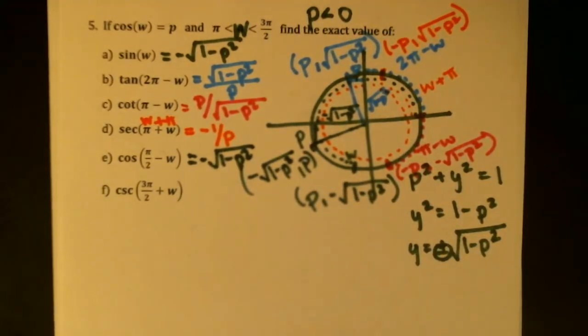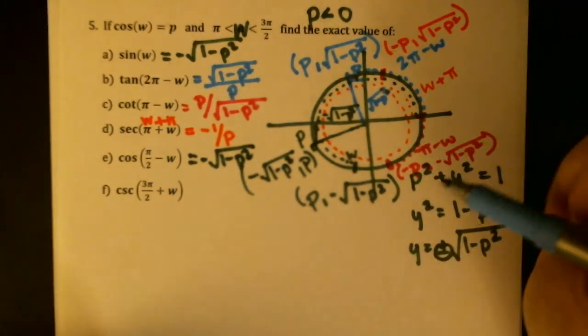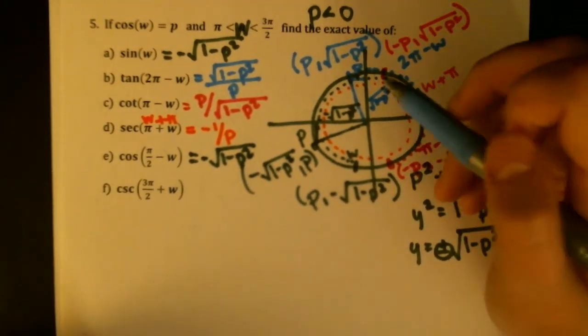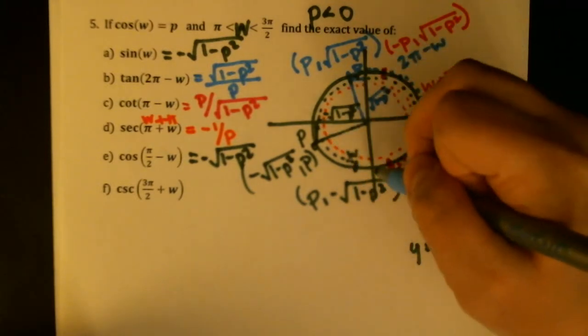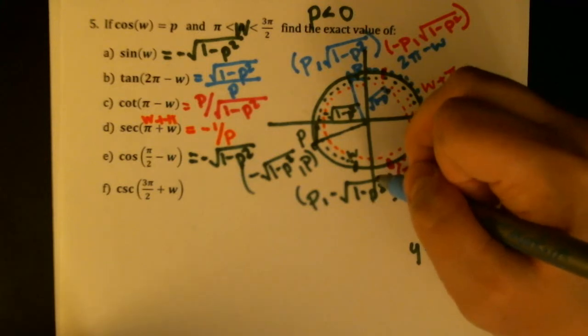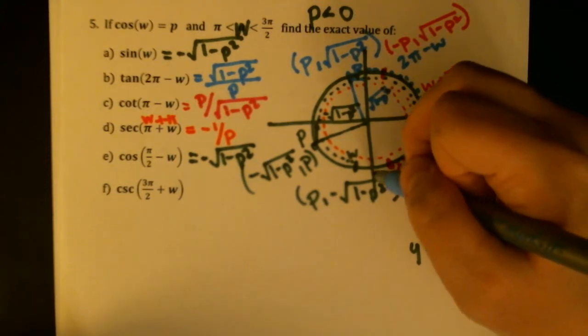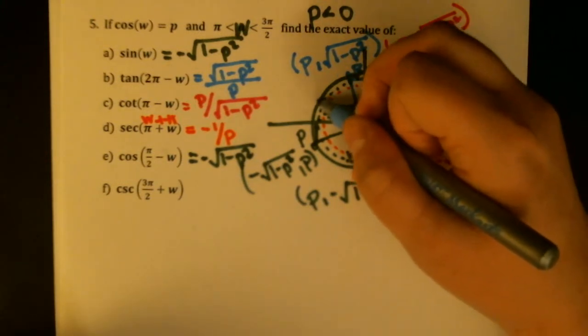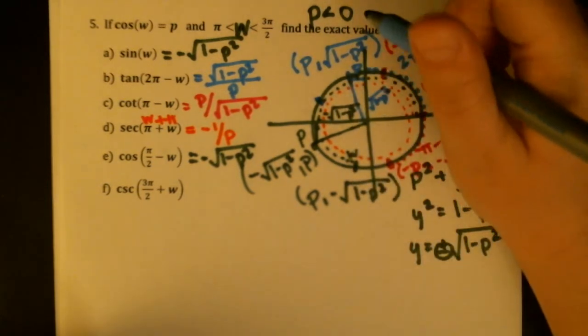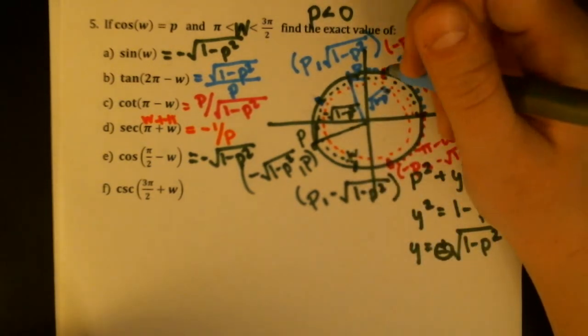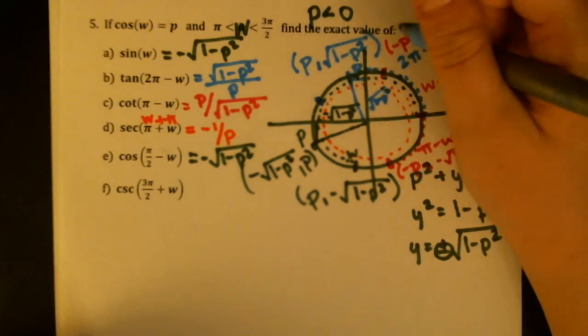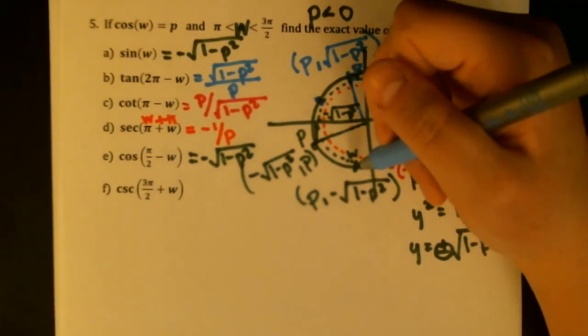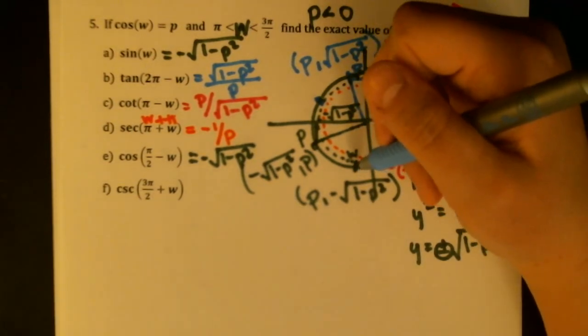And then very last one, secant of 3 pi over 2 plus w. And again, you can think I went 3/4 of the way around, and then I want to go an additional w, which is not quite 3/4 of the way around. So I think I should land here. Or if you prefer, you could switch the order and say, first I go w, which lands me down here, and then I need to go another 3 pi over 2.